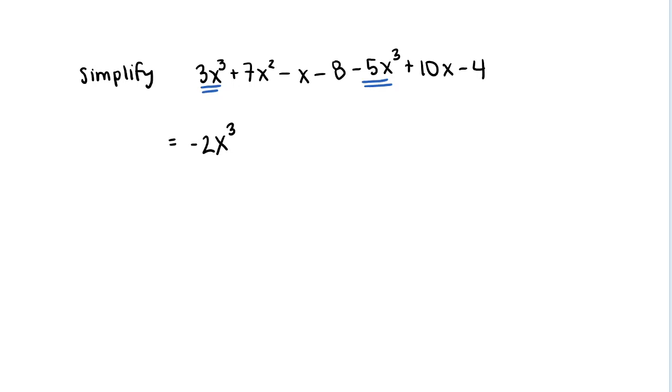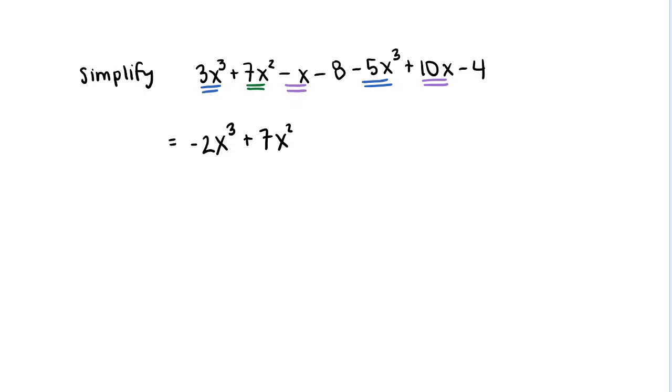Okay, so now I'm just going to move down this expression, 7x squared. Are there any like terms with 7x squared? So unfortunately not. So we just have to leave this as is, 7x squared. It doesn't combine with anything else in this expression to form a simpler equivalent expression. Okay, so next up is this negative x, this minus x here. There is 10x off to the right, which is a like term with it.